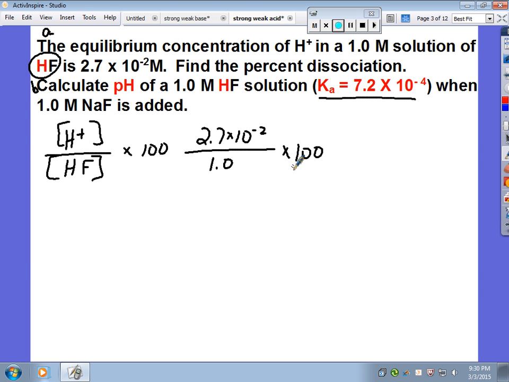You get 2.7. Just making sure. It's been a long night. Okay, so it's 2.7% dissociation.